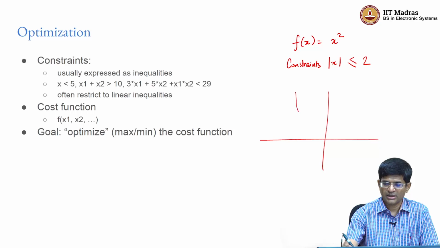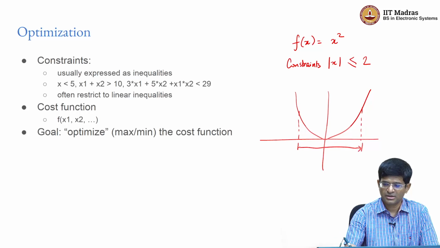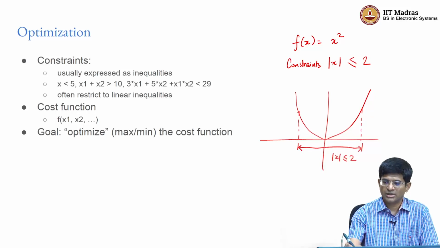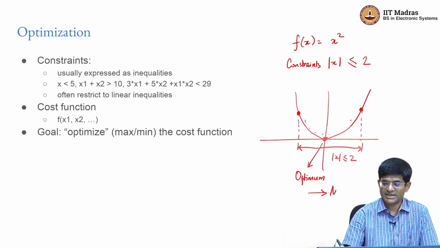It looks like a parabola, and if I put the restriction of plus minus 2 out here, this is the range of valid values for x, mod x less than or equal to 2. So I have this range of y values, and by looking through this I can find that this is going to be my optimum. In this case, optimum basically means minimum.